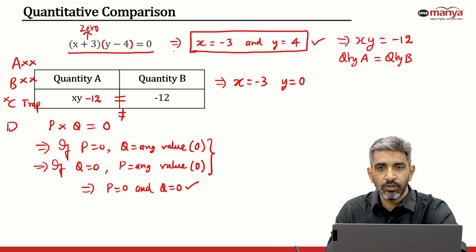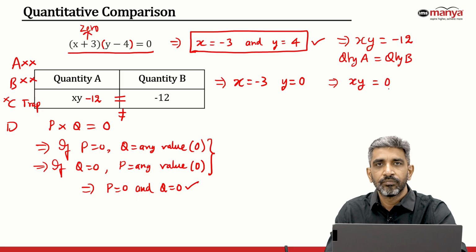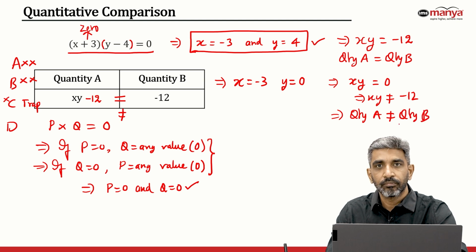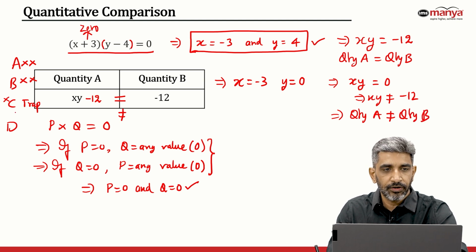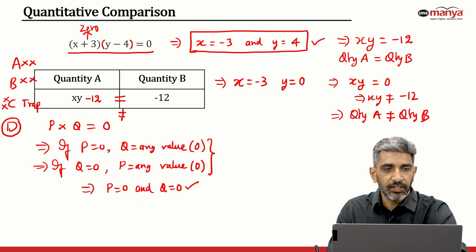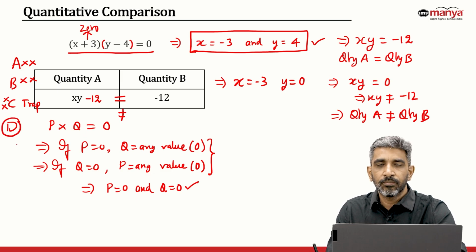The equation still holds. If I take this case, the value of xy becomes 0, and therefore xy is not equal to -12. That means quantity A is not equal to quantity B. Therefore, I can eliminate answer option C. And the correct answer option is D. A relationship cannot be determined between the two quantities with the given information.